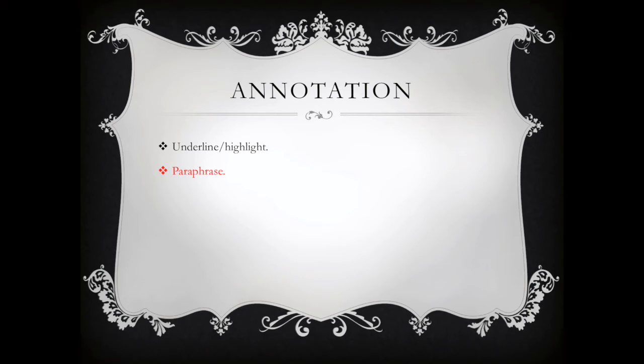When you annotate, it allows you to simplify ideas from the article so that they are more manageable during the planning phase and the writing phase of writing. It's about simplifying, right?